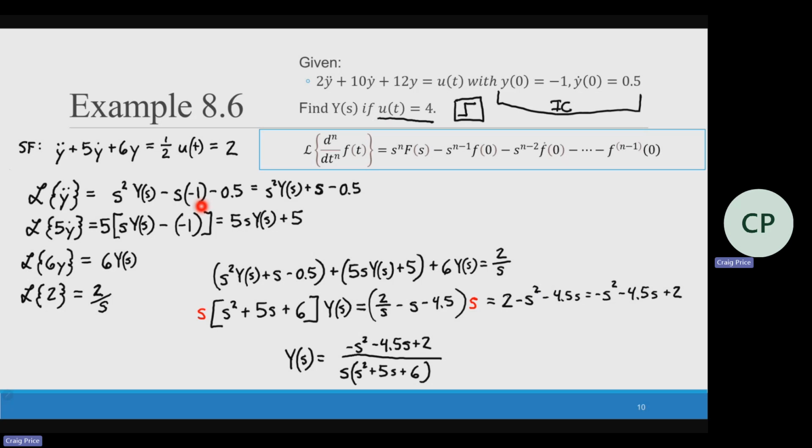Like, what is the actual function of my output response based on a set of inputs? So we use the initial conditions, we put this all together, we solve for y, the function of s, we get this. Now we're gonna look at the roots and kind of go from there.